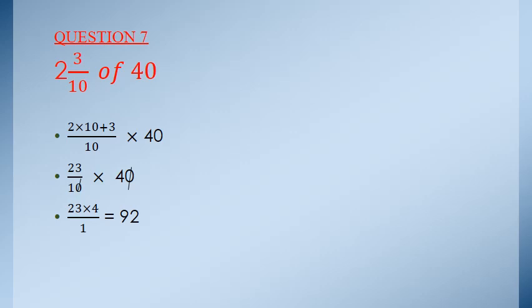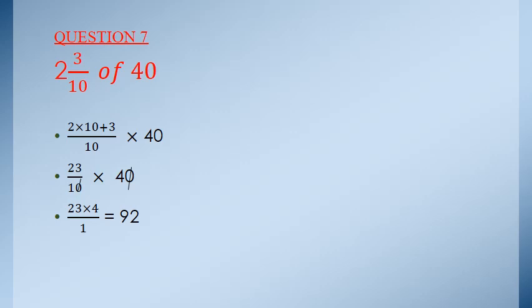So the first term is a fraction and the second term is a whole number. Now below 40 no denominator is there, so we'll consider it as 1. So our term is 23 upon 10 multiply 40 upon 1. Now we can reduce the numerator and denominator. It is clearly visible that 10 and 40 can be reduced with each other, and the common number by which we will reduce both numbers is 10.